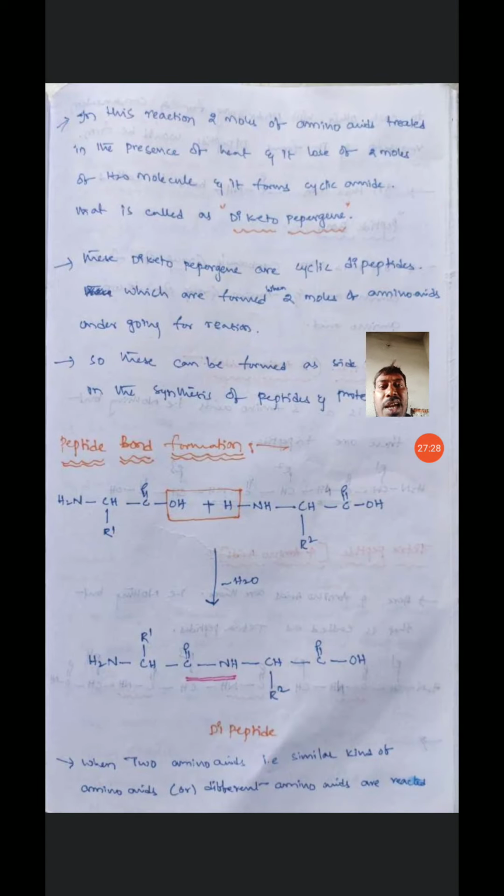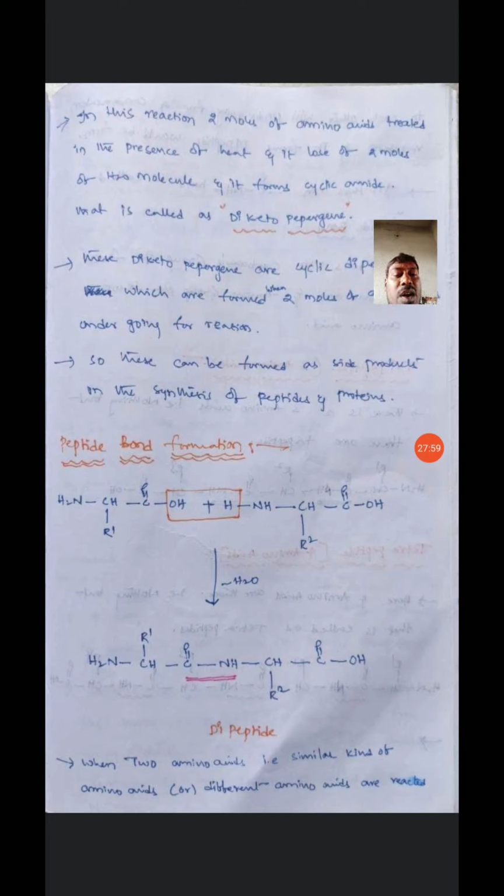In this reaction, 2 moles of amino acid treated with heat lose 2 moles of water molecules and form a cyclic amide called diketopiperazine. Diketopiperazines are cyclic dipeptides formed when 2 moles of amino acid react.